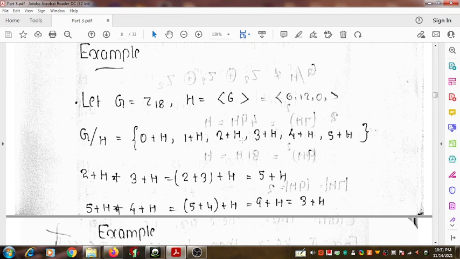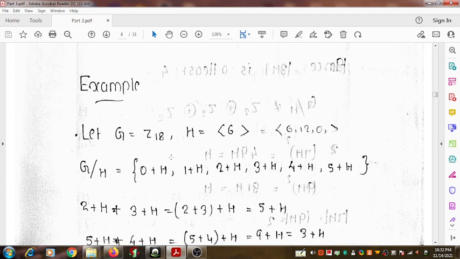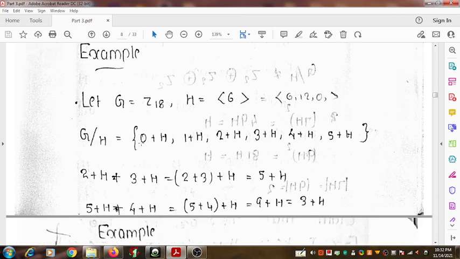So every element possesses an inverse, and finally you can easily verify that the associativity property of the binary operation is also satisfied. Hence this is a very good example for a factor group.